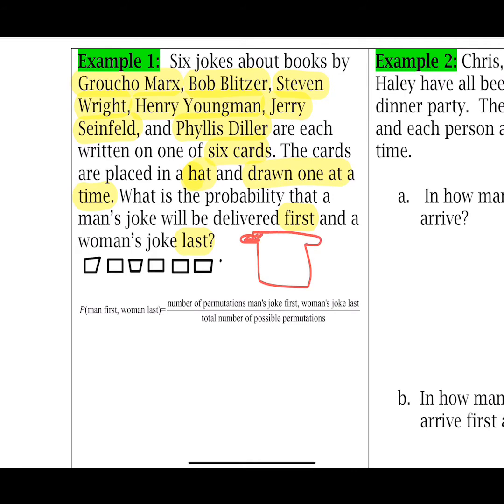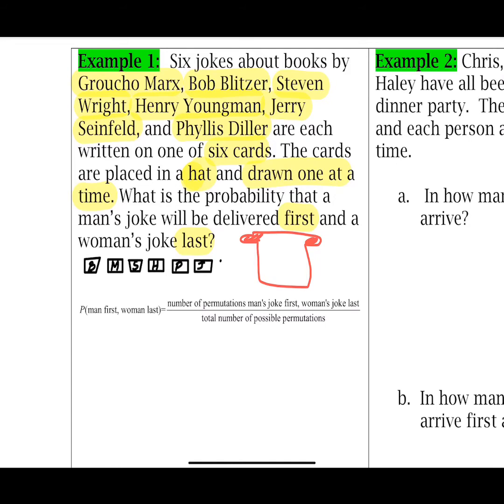Okay, that's a hat. So what they're doing is they are taking these 6 cards and writing a joke about the books. So let's say the first one is about Bob, the next one is about Marx, and then Stephen, and then Henry, and then Phyllis, and then Jerry Seinfeld.